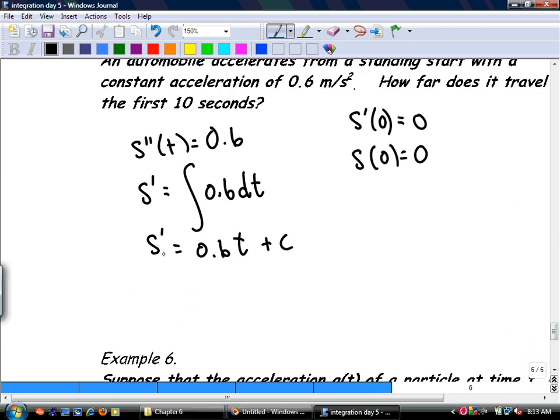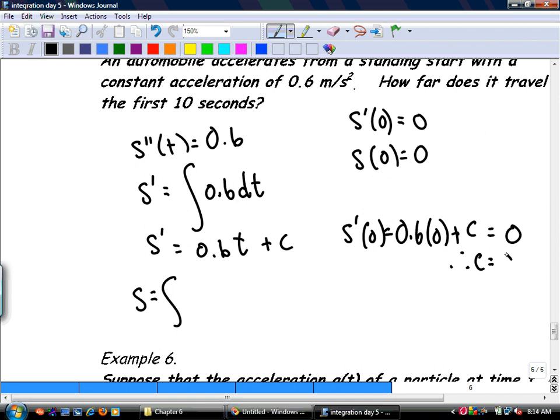So how do we go backwards to s? We should probably do this first, and you find out that c equals 0. I was just speeding along too fast.